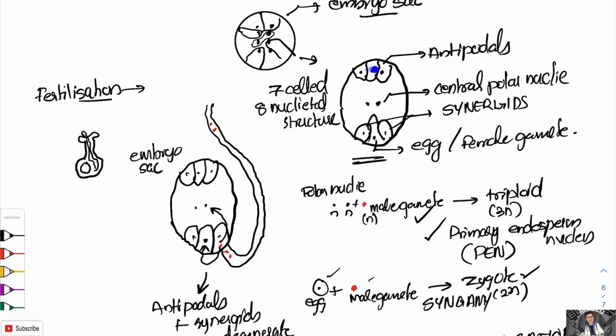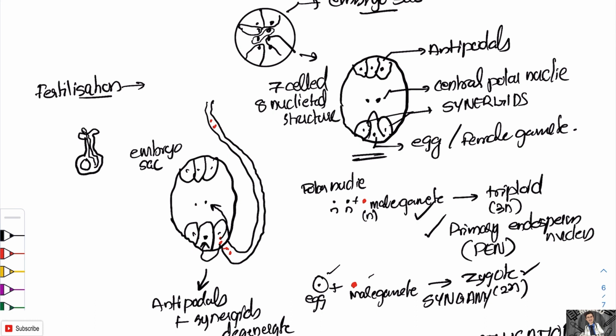We have 3 antipodals, so 3 cells. We have 2 synergids and 1 egg. So then we have 6 cells, and this whole cell, let us consider it as 1 cell. So 6 plus 1, 7-cell condition. And now let us count the number of nuclei. 1, 2, 3, 4, 5, 6, 7, 8. So this is the 7-celled and 8-nucleated structure.